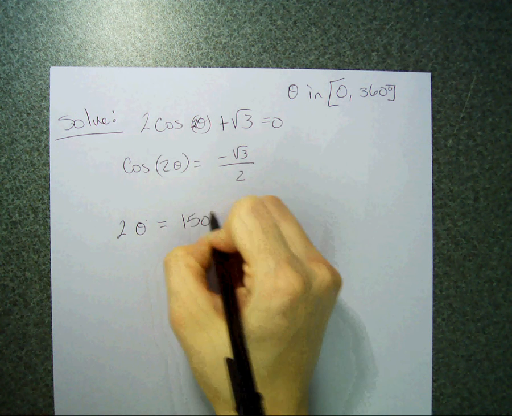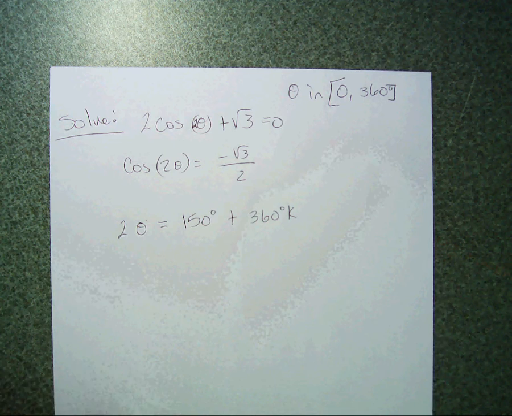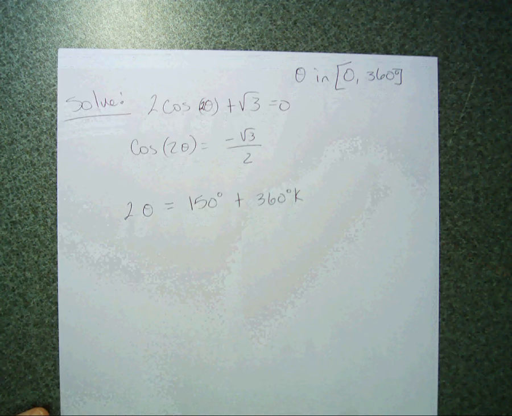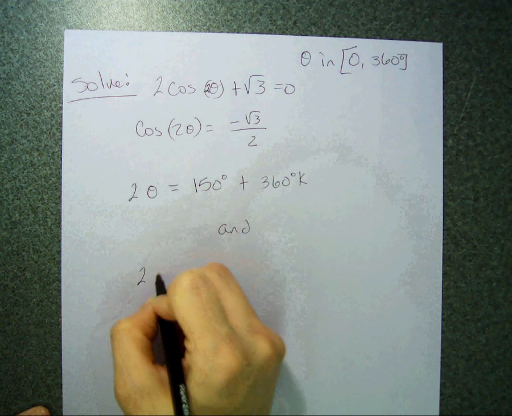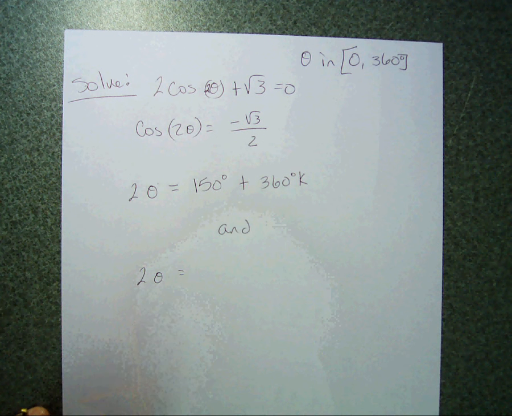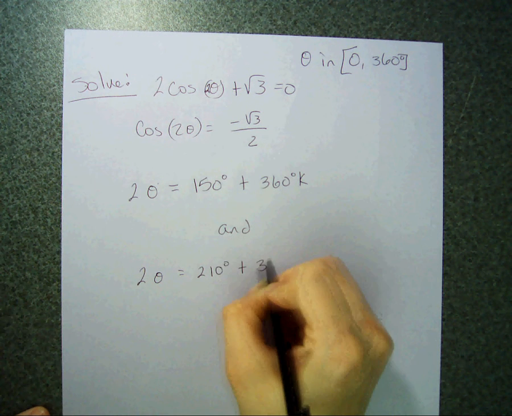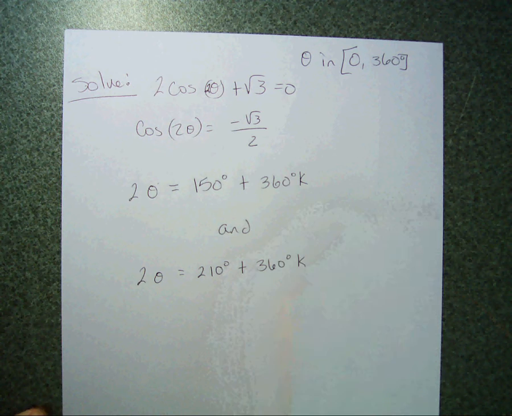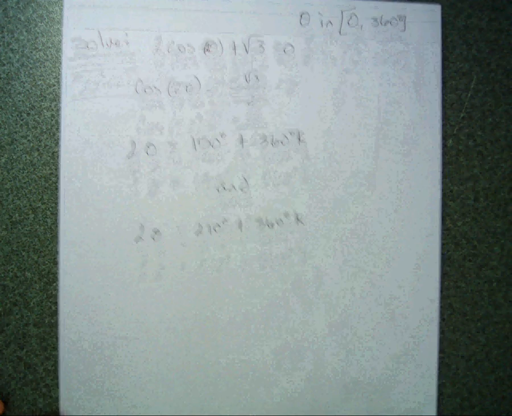And I'm still going to set it up the same exact way, even though I'm restricted to the unit circle. And 2 theta equals 7 pi over 6, which is 210 degrees. Now to get theta, again I'm going to divide everything by 2.